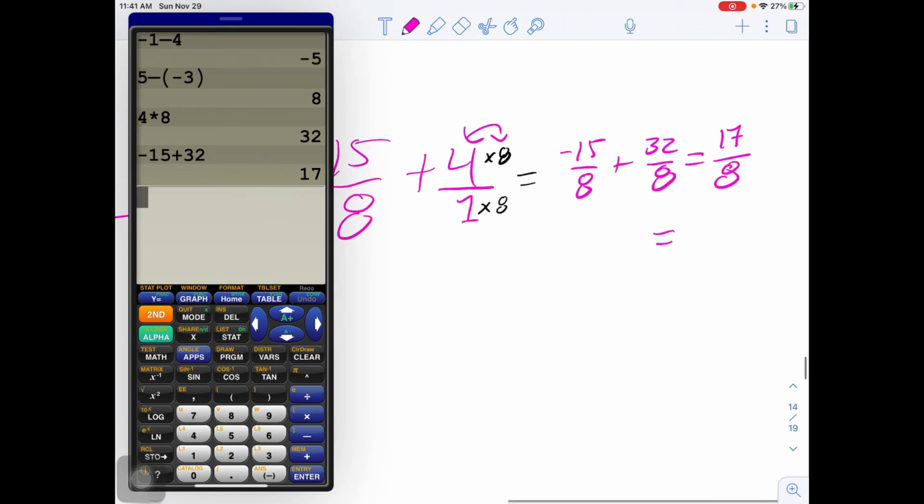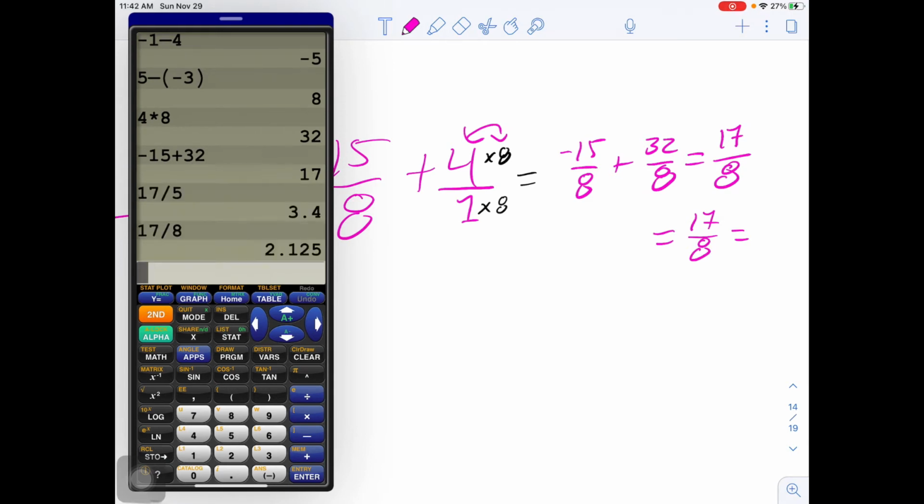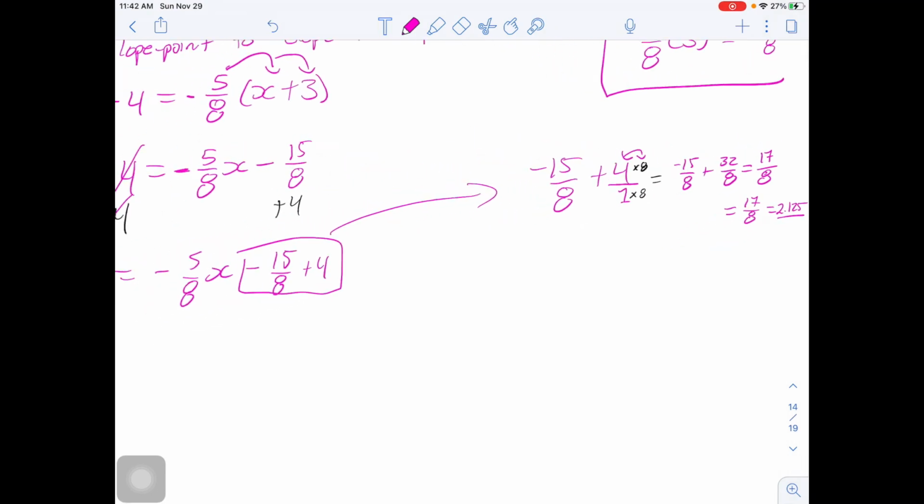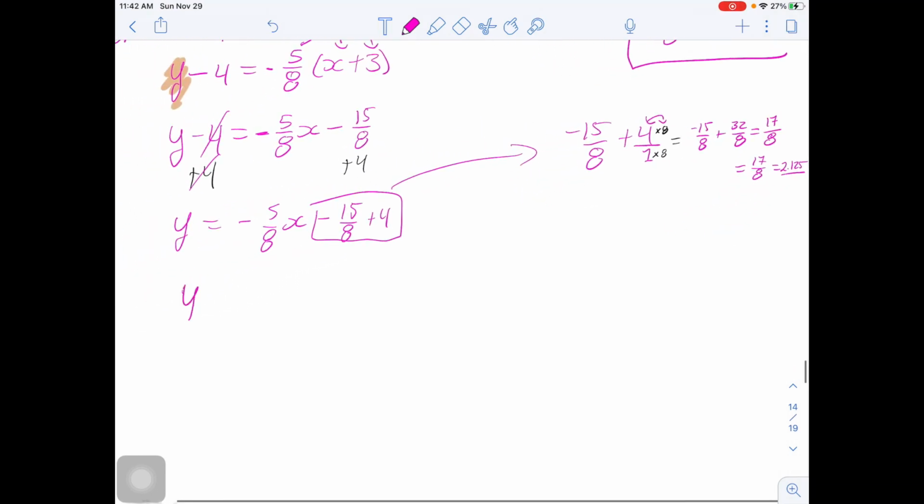And just to get an understanding of what 17 over 8 is in a decimal, I'm going to do 17 divided by 8. So that's 2.125. So we can combine these, and since it's a nice decimal number, I'm going to put it as a decimal.